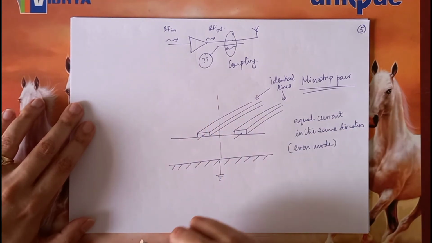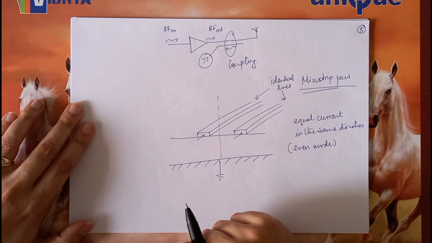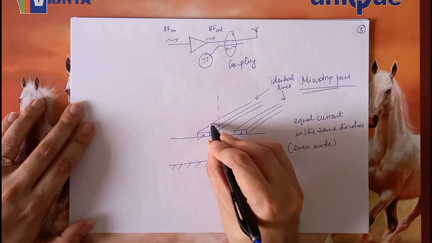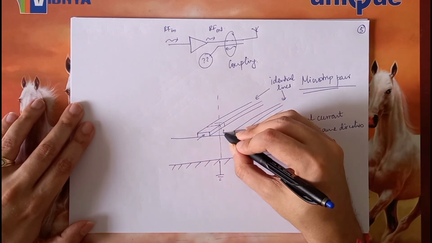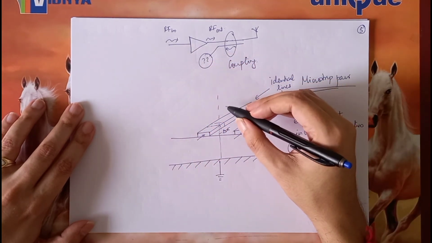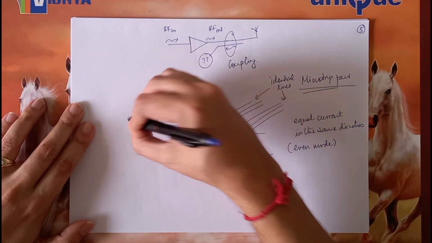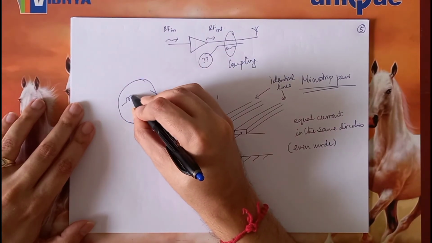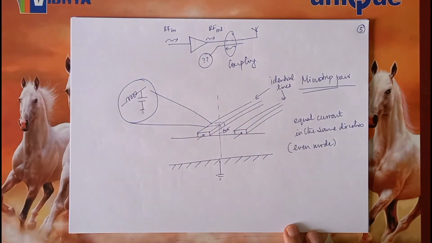So if I want to ask now, what is the characteristic impedance of each conductor? I can take a small section of this conductor, let's call it delta x, and if I now magnify this, I will see that essentially an inductor is running and in parallel there will be a capacitor.